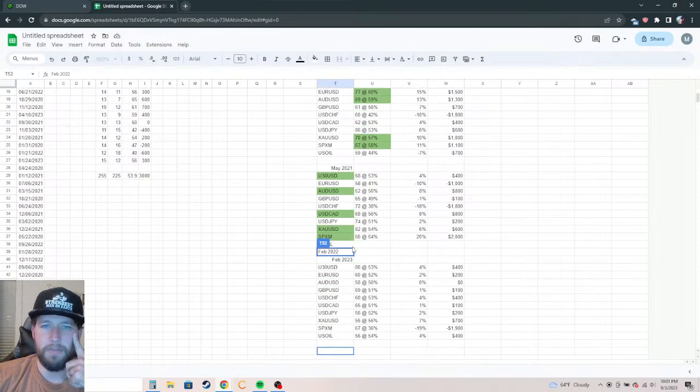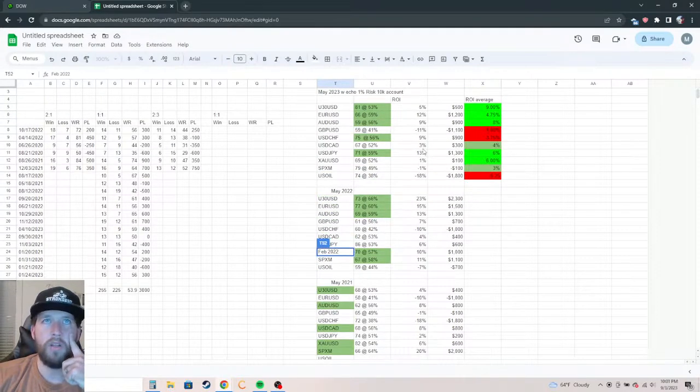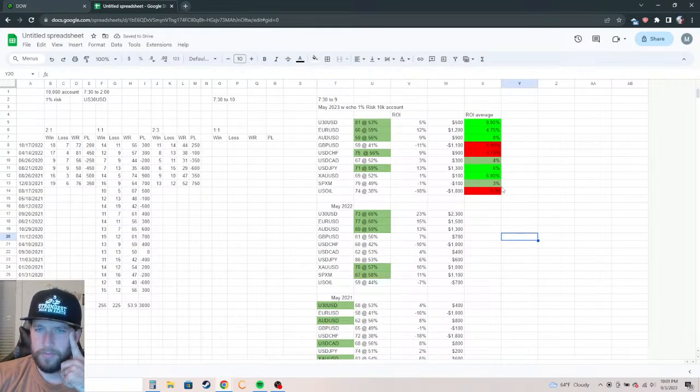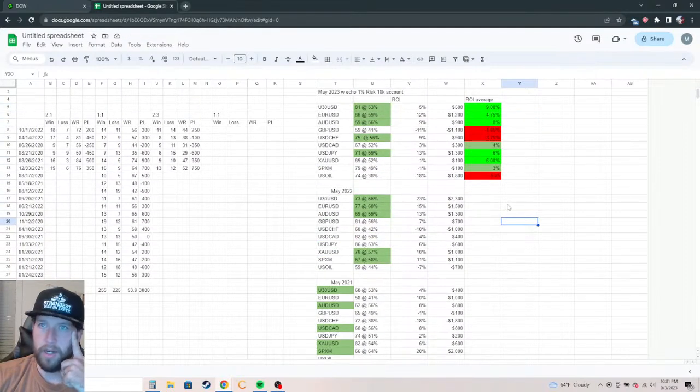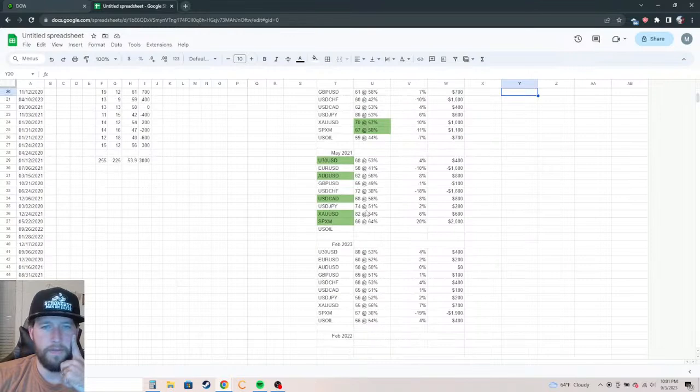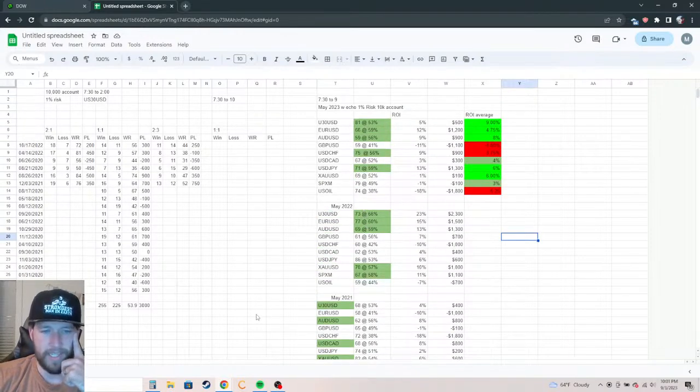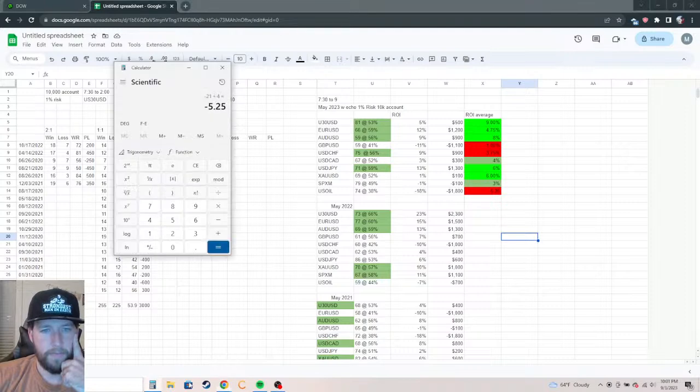Again, we're just trying to get as much data as possible so we can really lock in our win rate. Now, just actually one more thing I want to do here. Just based off of the 4 months we've back tested with these 10 pairs, if we had traded our best 5 pairs, our average return.